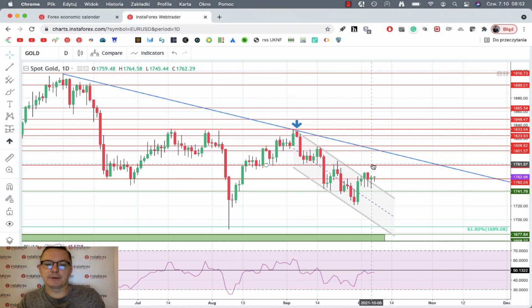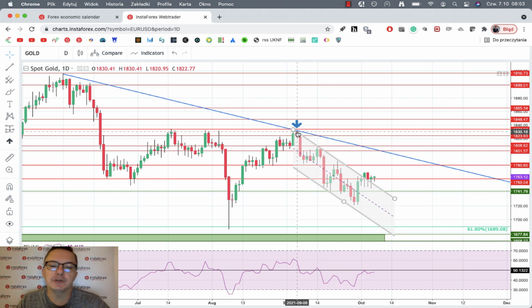However, the price is still trading below this long-term trend line and below the key technical resistance that is a real game changer on the gold market, 1,833. So that's the real game changer here.